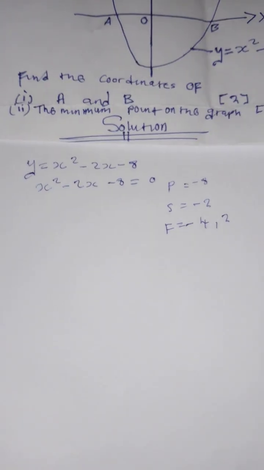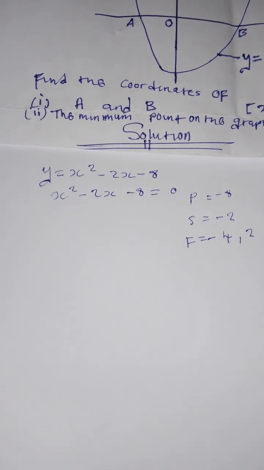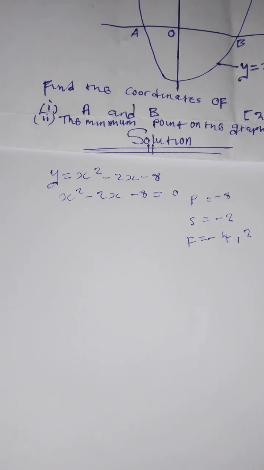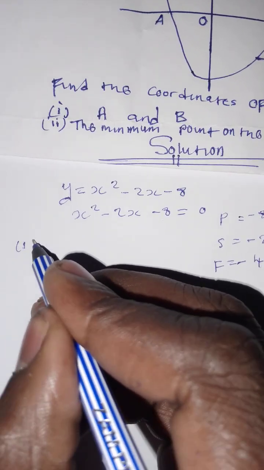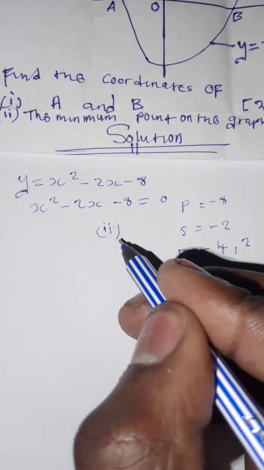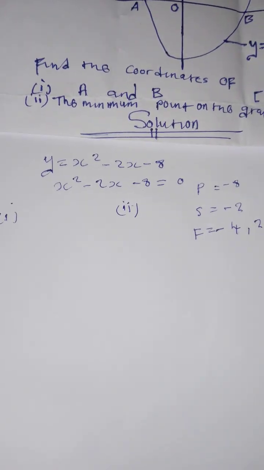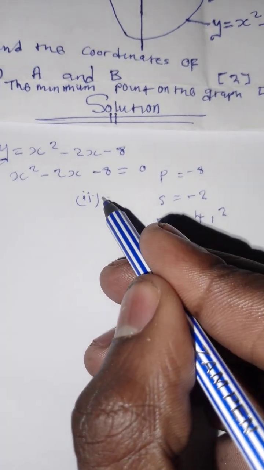Now, to find the coordinates, you use the same factors which you have found here to come up with two equations. Let me show you. This is our first equation, and this will be our second equation. Each equation should have x.